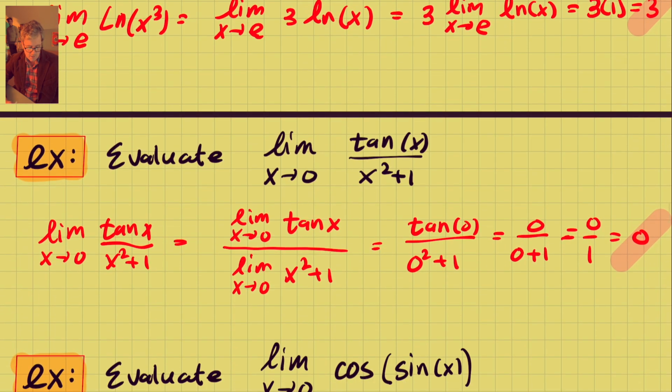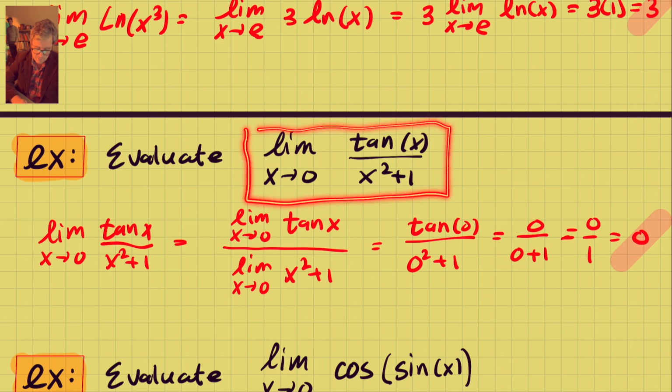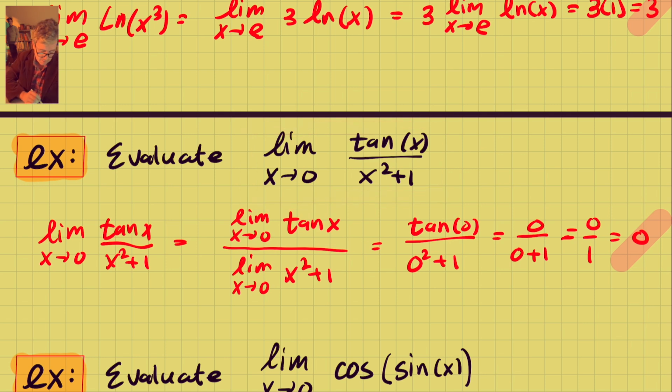Straightforward. Here's an example where we're combining a trig function with a polynomial in the denominator: the limit as x approaches 0 of tangent of x divided by x squared plus 1. We'll treat the numerator first and then separately the denominator.